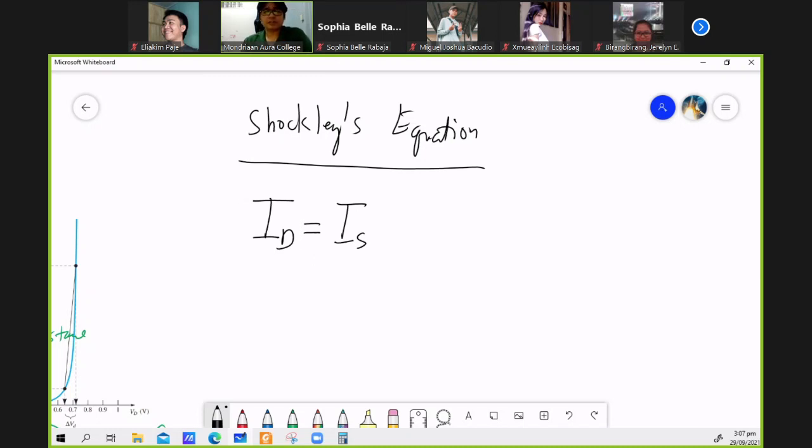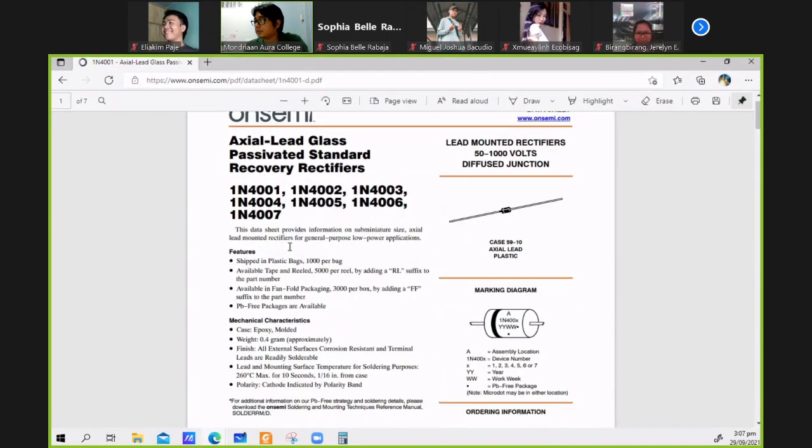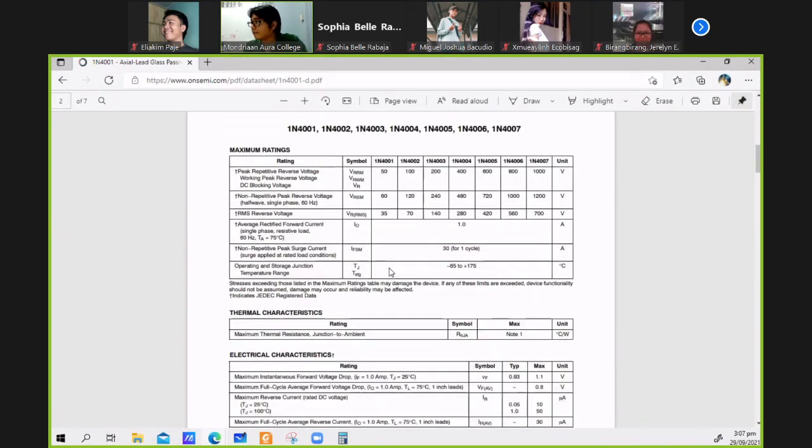characteristic curve. Ay, sorry. Ano? What do you call this? Yung data sheet. At tignan natin kung makikita natin yung respective ano niyan. Reverse saturation curve. Okay, ito. Tignan natin kung meron nakalagay na reverse saturation curve.